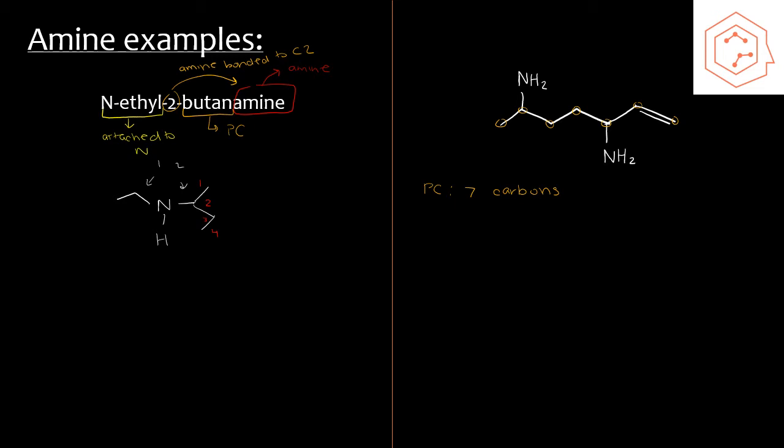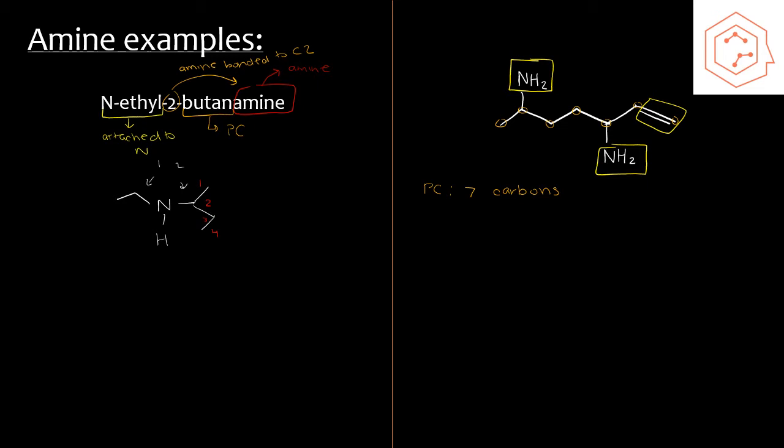Now let's identify these substituent groups. First, we see here that we have an amine group, another amine group, and if you look at the end here, we also have a double bond, which also counts as a functional group. So in terms of priority, we want to know which group here has the highest priority.